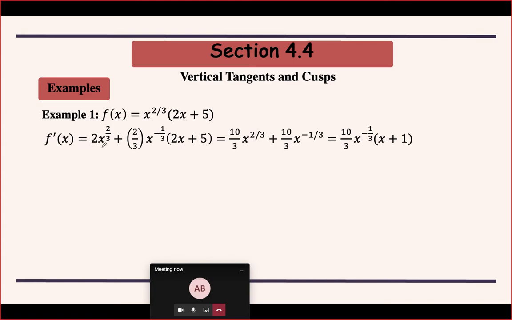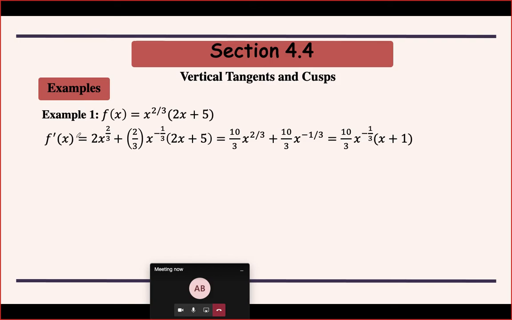When I apply the product rule and differentiate, I get these two expressions. Here you can take out 10/3 times x to the power minus 1/3 common, and you'll be left with x + 1. So this term in x, having a negative power, would be in the denominator part.